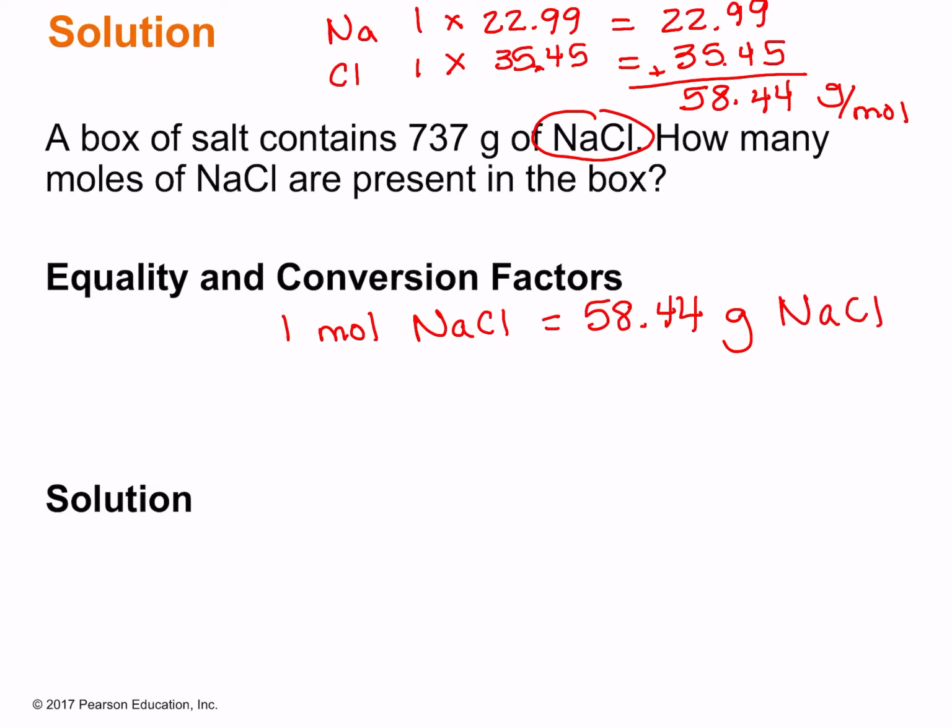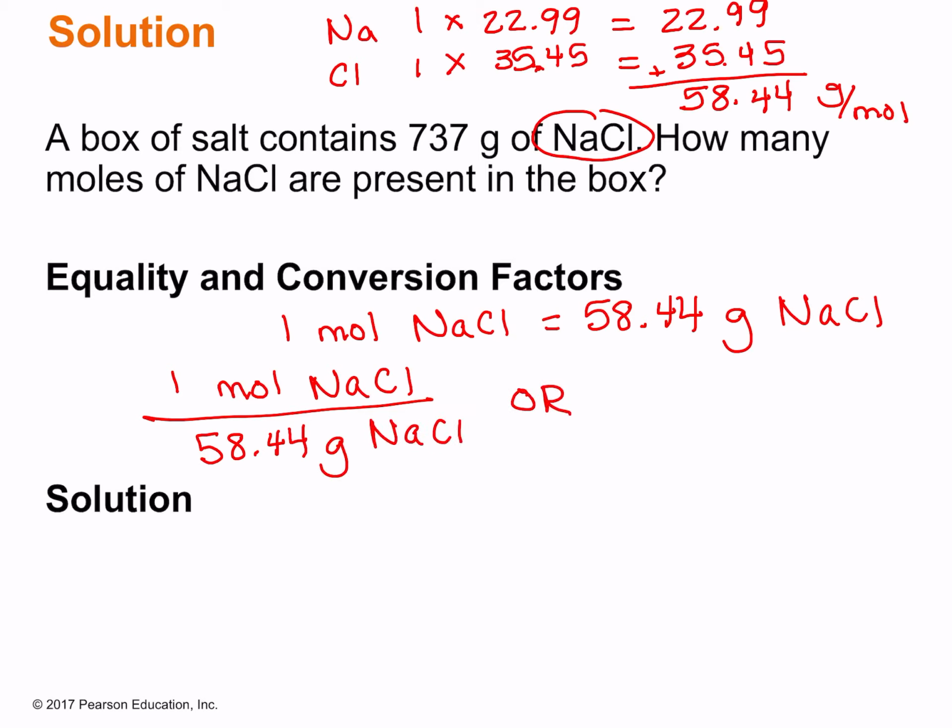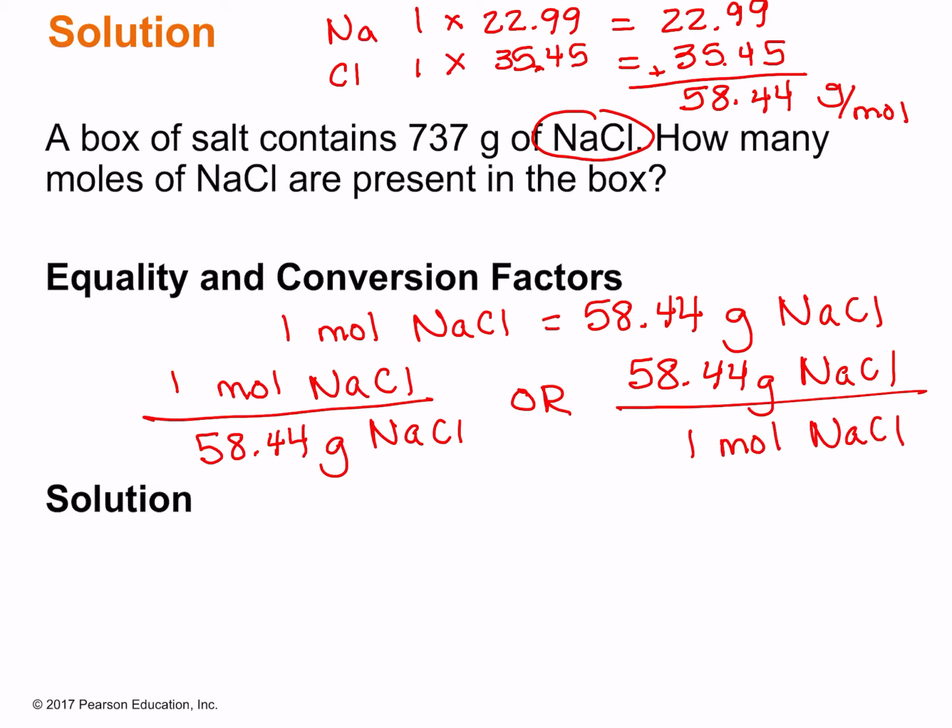So we can write our conversion factors: 1 mole of sodium chloride over 58.44 grams of sodium chloride, or we can put the 58.44 grams of sodium chloride on the top and 1 mole of sodium chloride on the bottom. Then we'll see which one we need. In the problem, it says a box of salt contains 737 grams of sodium chloride. So that will go in the beginning of our train track.